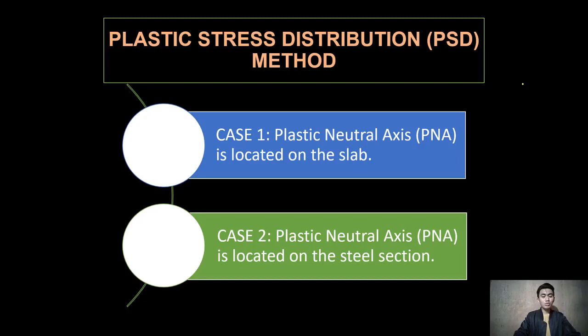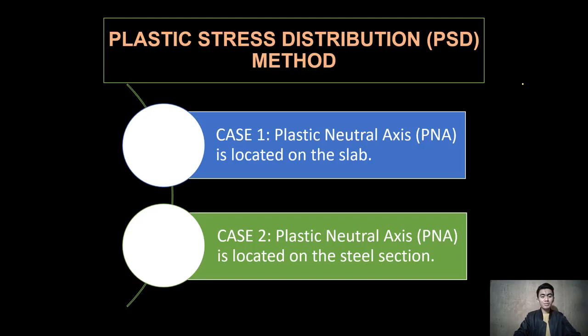Case number two states that the plastic neutral axis is located on the steel section of your composite beam. For you to be able to understand case number one and case number two, let us dive deeper into some of the terminologies included in this method.